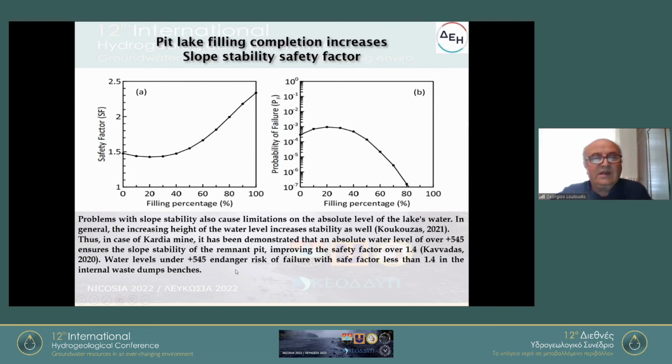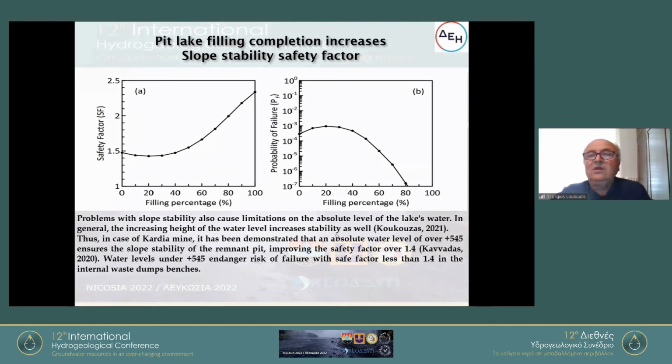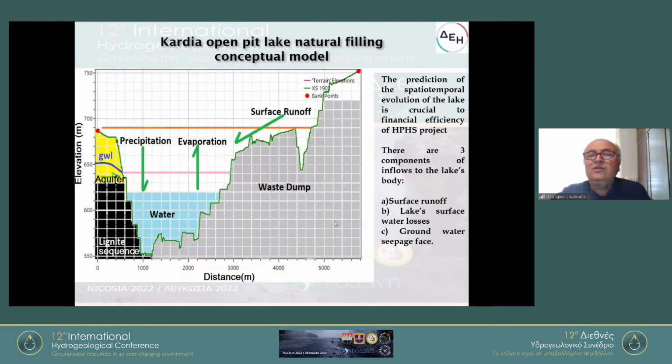Water levels under 547 endanger risk of failure with safety factor less than 1.4 in the internal west dam benches. The prediction of the spatiotemporal evolution is crucial for the financial efficiency of HPHS.